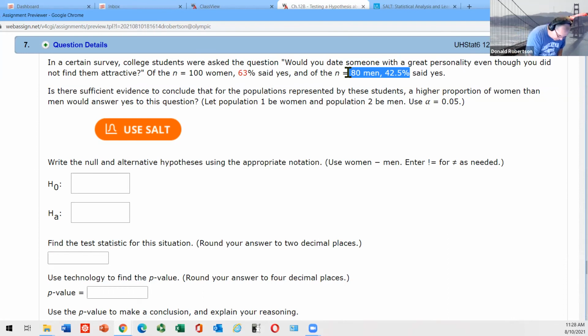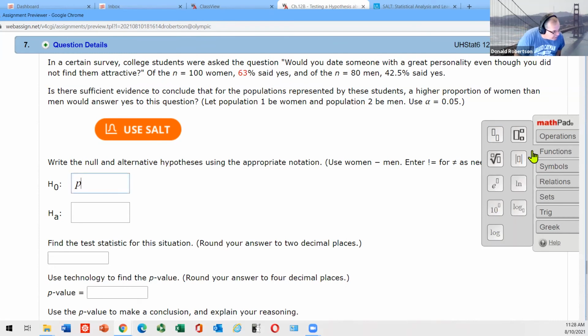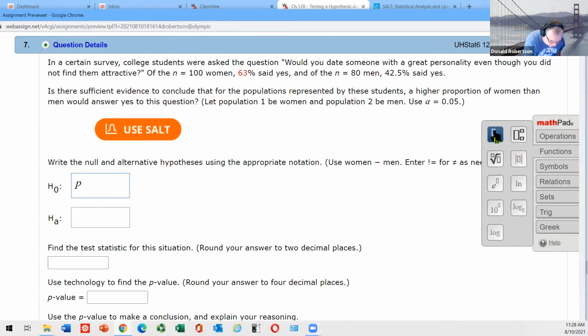Significance level, thankfully they have told us it's 0.05, that I like. And 1 is women, yep, we got that, and 2 is men, we got that. So everything that we need is going to be here. So we'll start off with the null hypothesis. P, hit the function button, top left-hand corner, 1. There's P1.